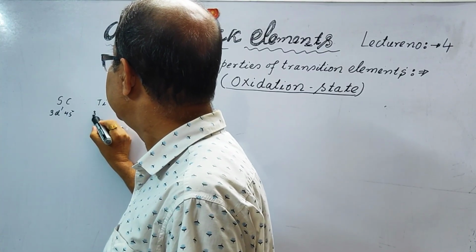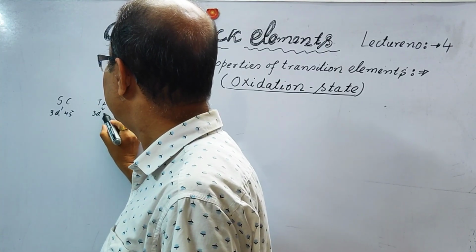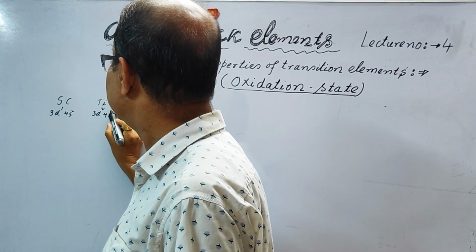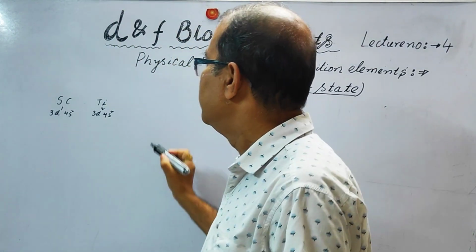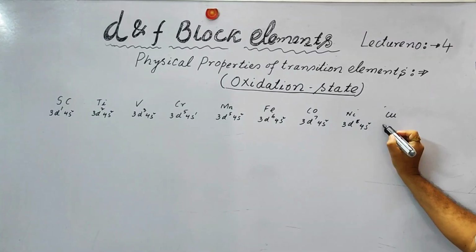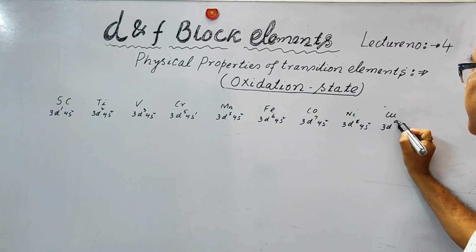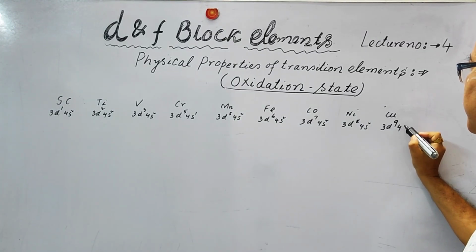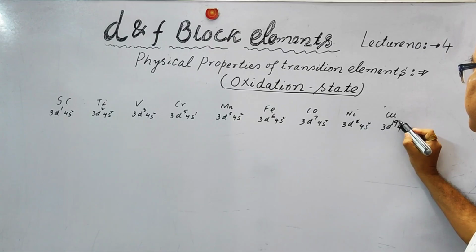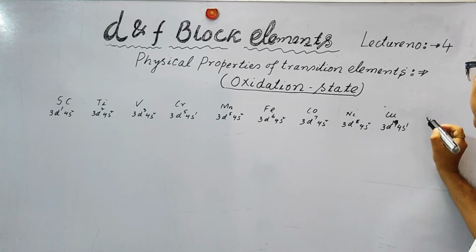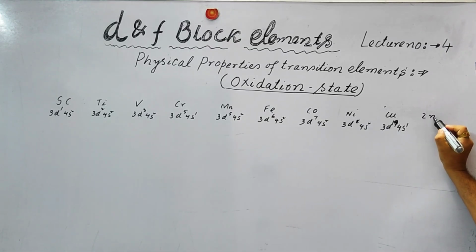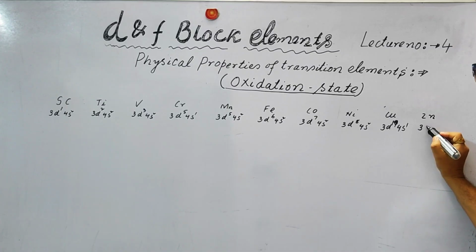Titanium has 3d2 4s2. Then 3d10 4s1 for copper, and zinc, which has 3d10 4s2.